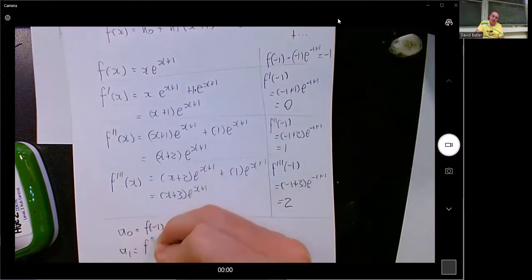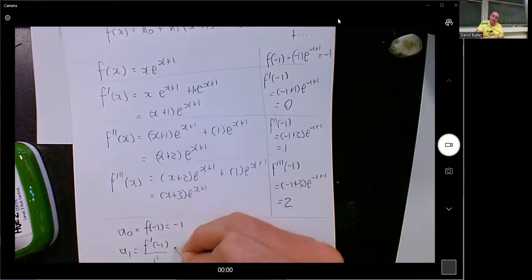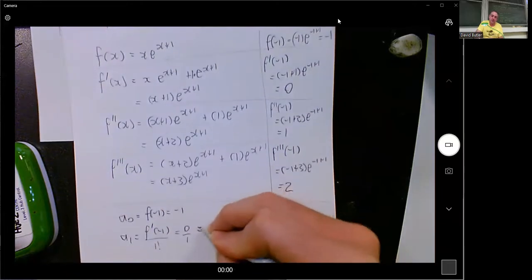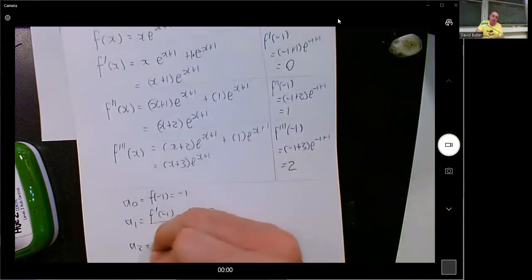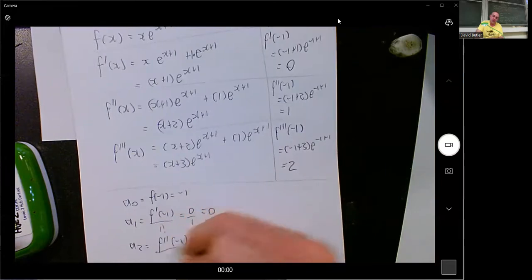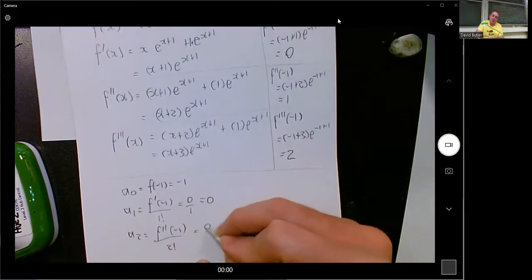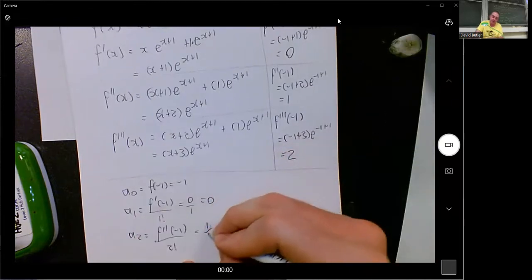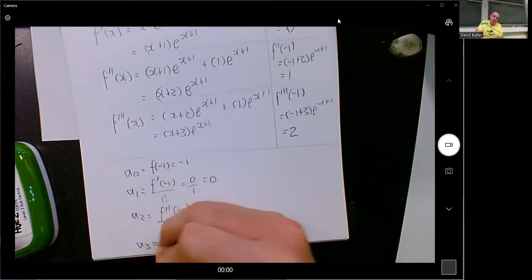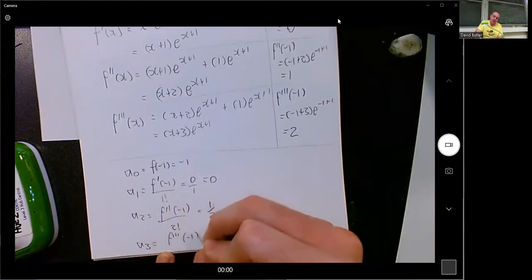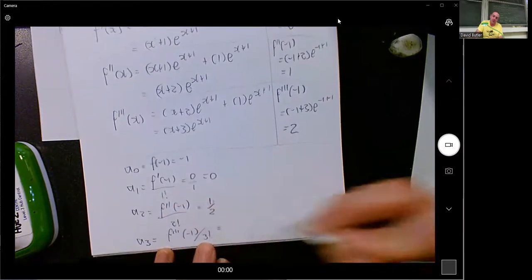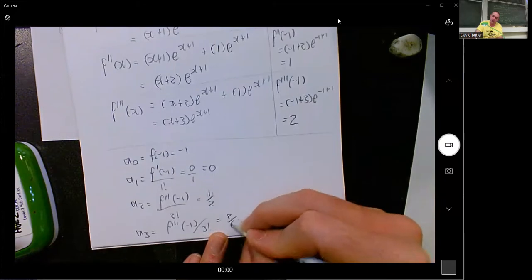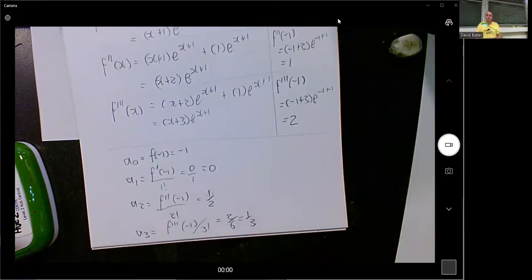A1 is f dashed of -1 divided by 1 factorial, which is 0 divided by 1, which is 0. A2 is f double dash of -1 divided by 2 factorial, which is 1 divided by 2, so that's a half. And A3 is f triple dashed of -1 divided by 3 factorial, which was 2 divided by 6, which is a third.